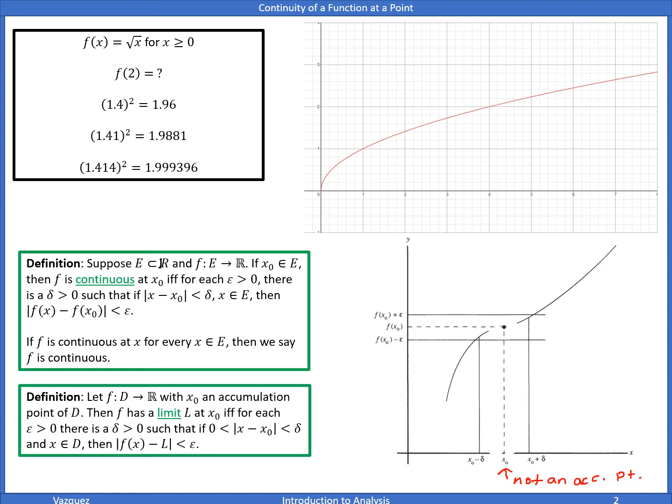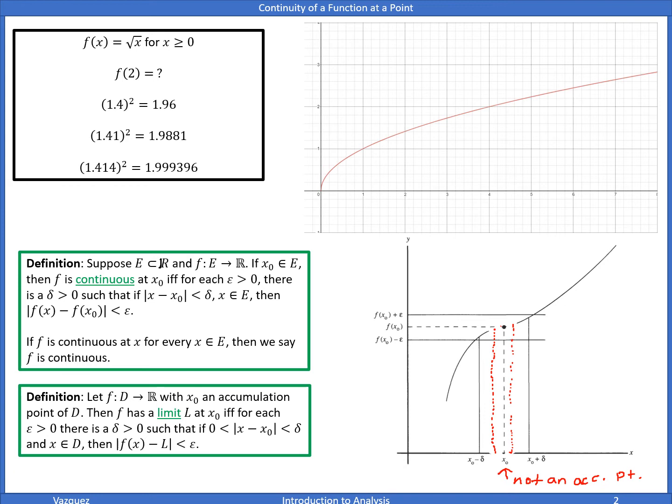Is the function continuous at x naught? Well, it is, and I'll show you why. Let's say this is the neighborhood. Why is it continuous at this point if it's just an isolated point?